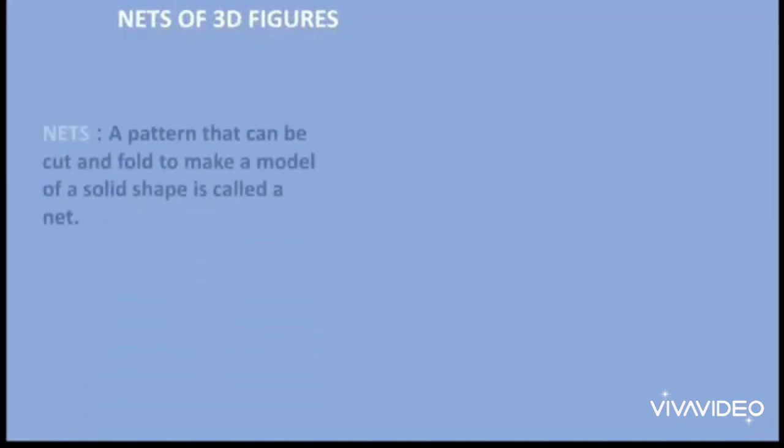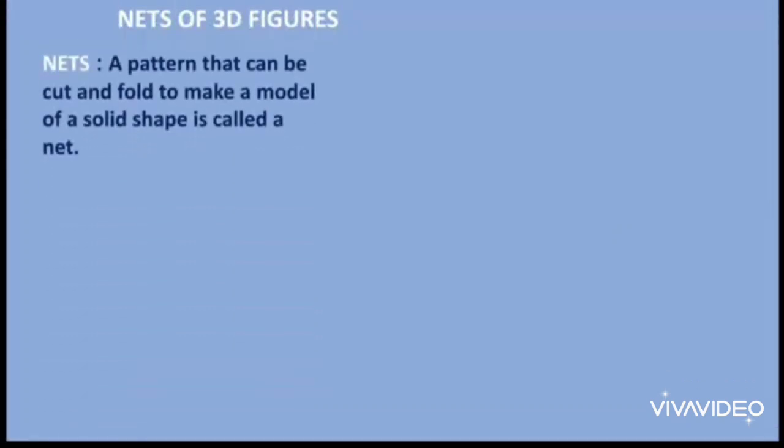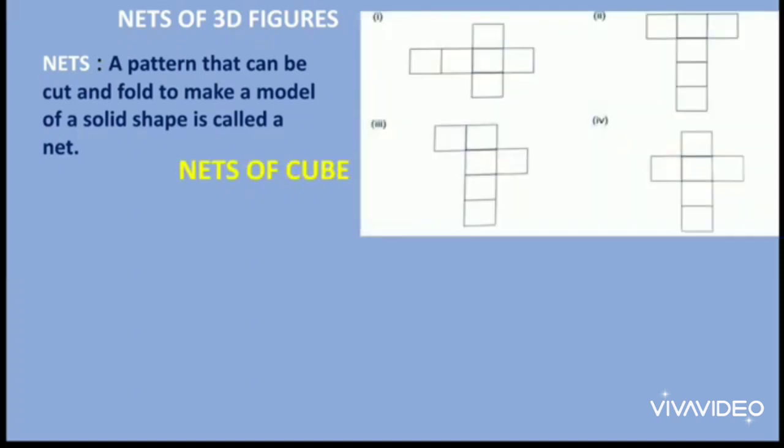Nets of 3D figures. What are nets? It's a pattern that can be cut and folded to make a model of a solid shape. Let's see an example, nets of a cube. Now if you cut this paper in this pattern, then we can easily make a cube.